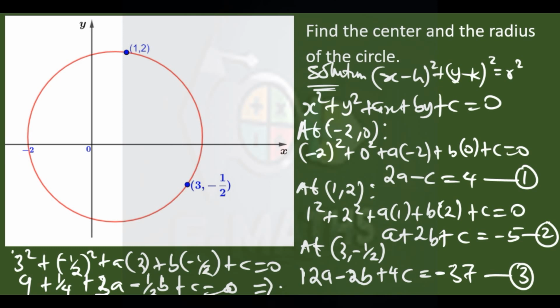So we have 3 equations: 2a minus c equal to 4, a plus 2b plus c equal to minus 5.